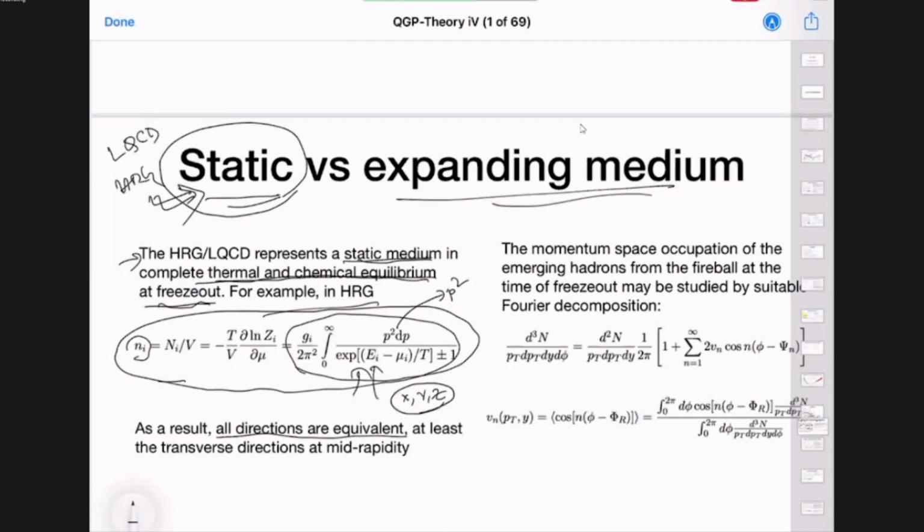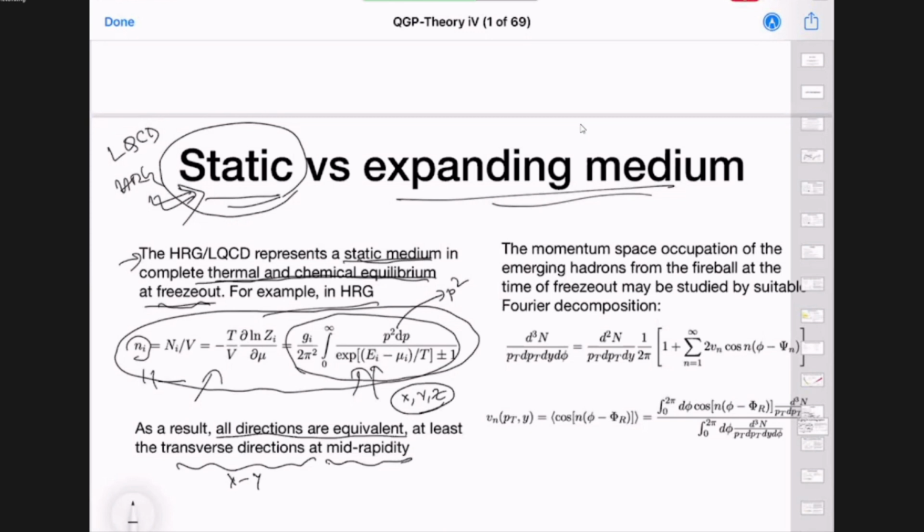And if you say, okay, but you are putting a cut, then strictly speaking this verification holds only at the mid-rapidity region, and we can take that point granted. So at least at mid-rapidity, the transverse directions, X and Y, are all equivalent. This is the picture we formulated when we saw such good agreement between HRG and the yields, and we established the freeze-out.